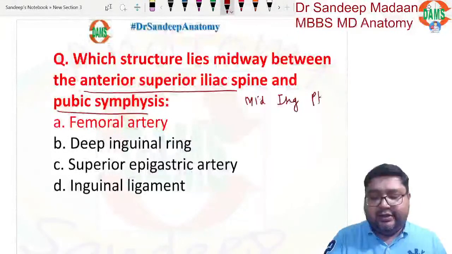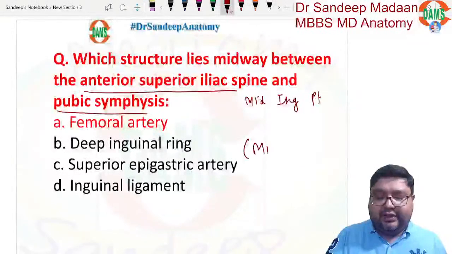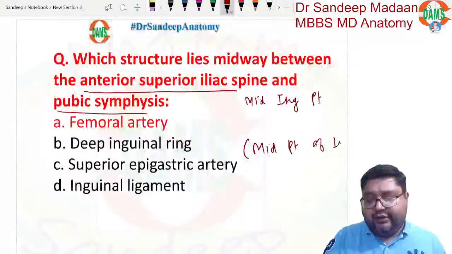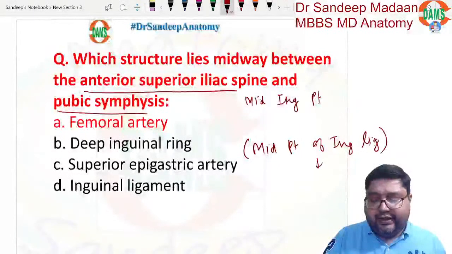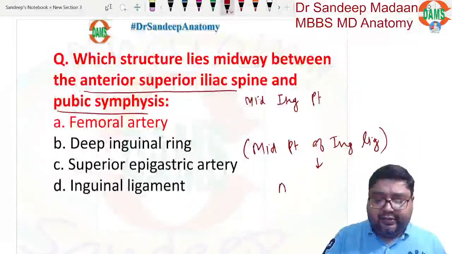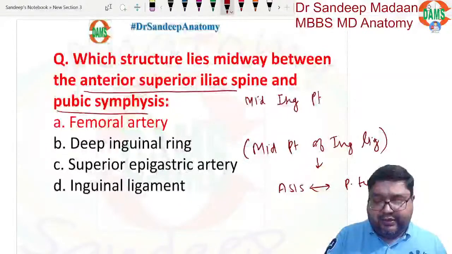But then there is something which is called the midpoint of inguinal ligament. Midpoint of inguinal ligament is when you have taken the midpoint between ASIS and pubic tubercle, not pubic symphysis.